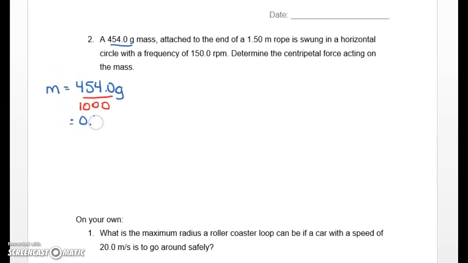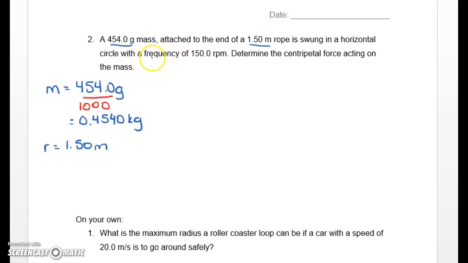So we would get 0.4540 kilograms. Next, we are told that the end of the rope is 1.50 meters, so that tells us what our radius is.